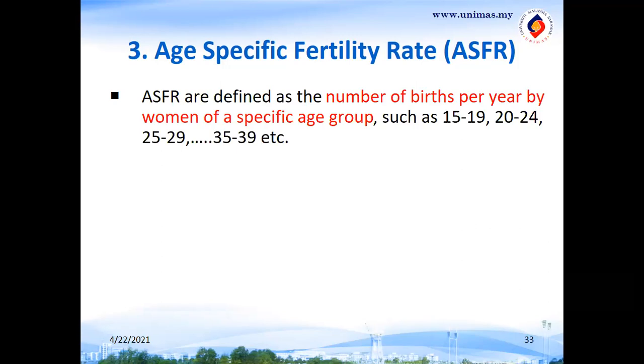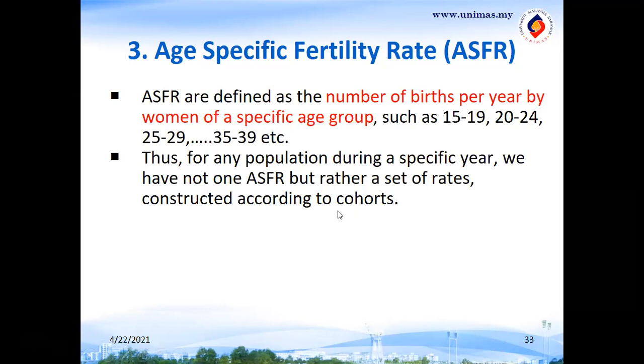So for example, those who are in the 15 to 19 age group, the 20 to 24 age group, 25 to 29, and so on and so forth. Jadi ini the idea is we will know specifically which specific age group has higher birth rates. Itu tujuannya sebenarnya. Right, so age-specific fertility rate, number of birth per year by the number of women.